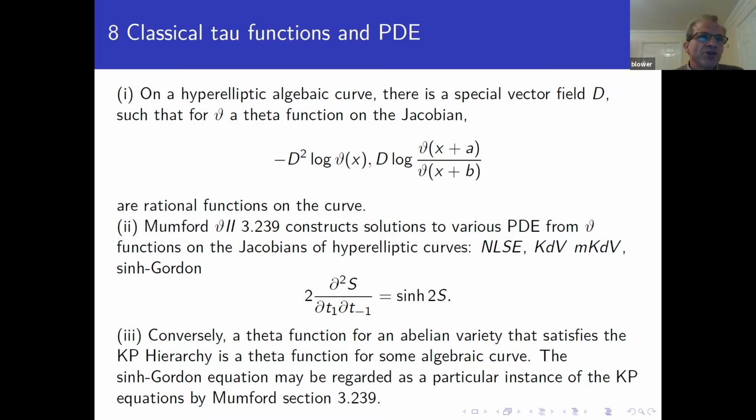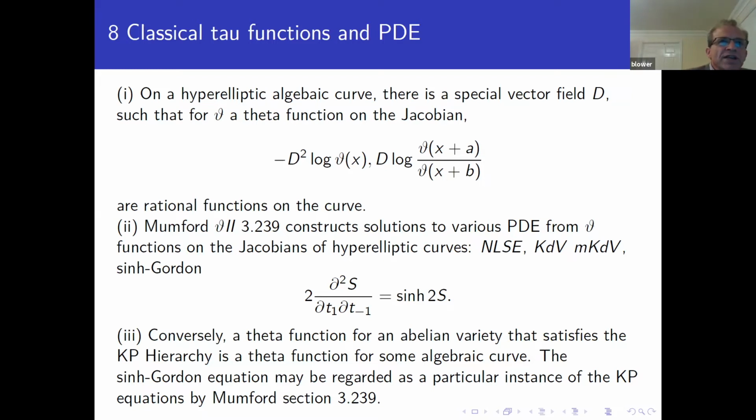Now, there's a general result that if you take the second logarithmic derivative of theta, it gives you something rational on the curve. The prototypical example is Jacobi's elliptic function theta1: if you take its second logarithmic derivative, you get something like the Weierstrass function.